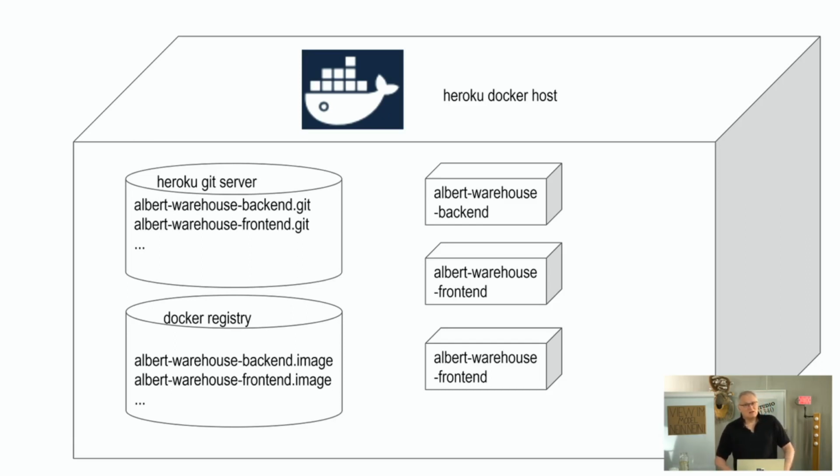So there are more heavyweight virtual machines, and the technique of the last 10 years is Docker, which gives you a very small virtual machine. So these virtual machines down here. And these small virtual machines are actually just running a single program.